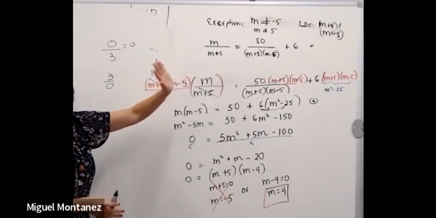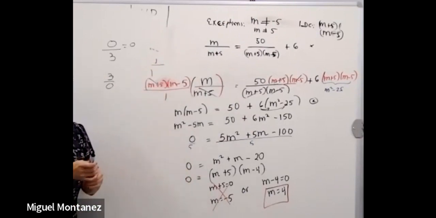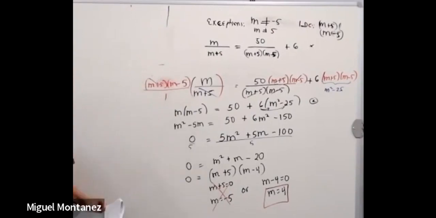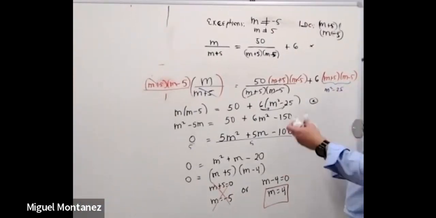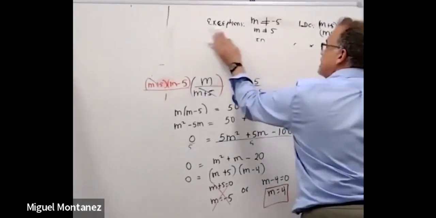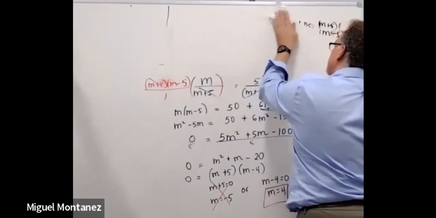This was one of the restrictions. I cannot use this value, and then you reject it. So every time we have a rational, avoid 0 in the denominator. Every time I have a square root, avoid negative in the radical.